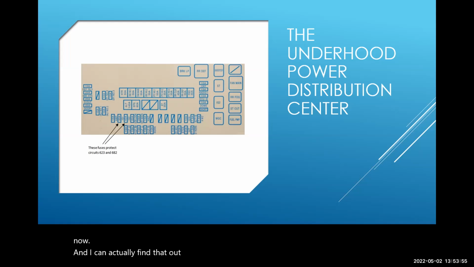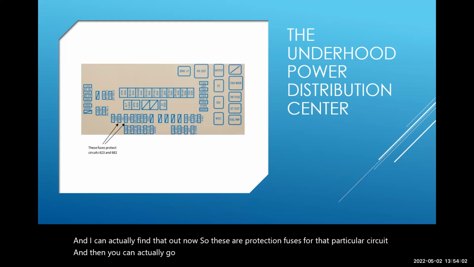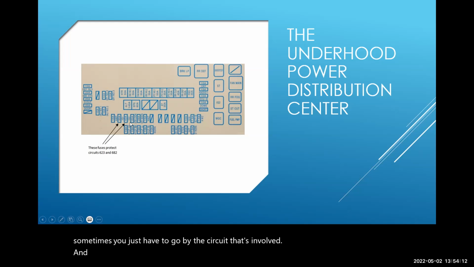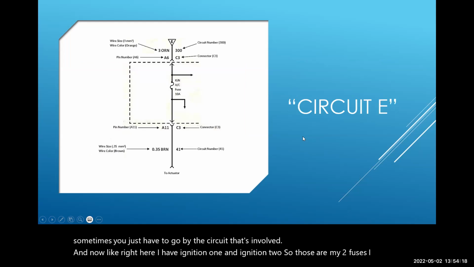Okay, so these are protection fuses for that particular circuit. And then you can actually go in and identify them by the actual fuse number sometimes. Sometimes you just have to go by the circuit that's involved. And, like right here, I have ignition 1 and ignition 2. So those are my 2 fuses I was looking for.